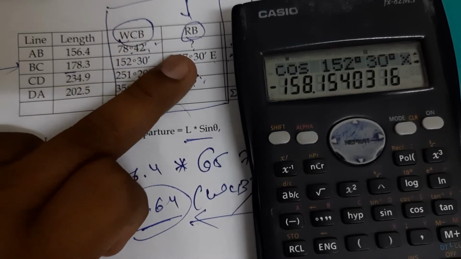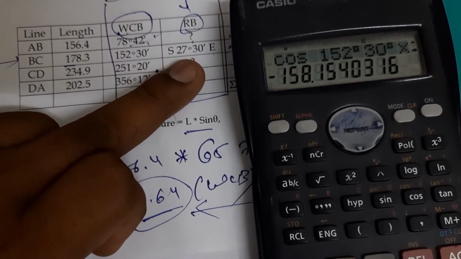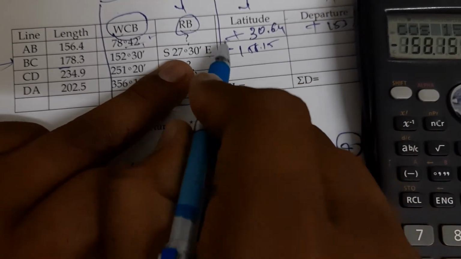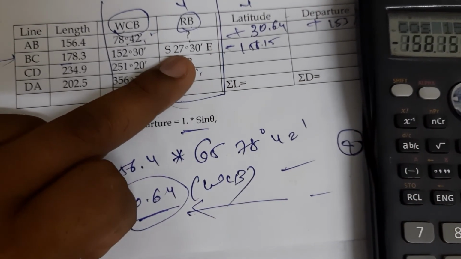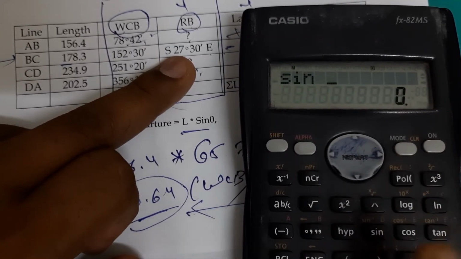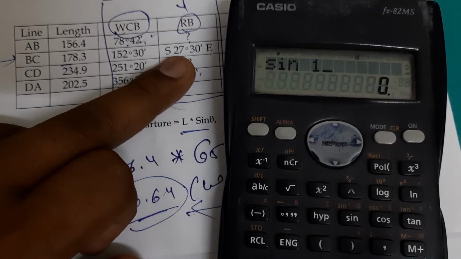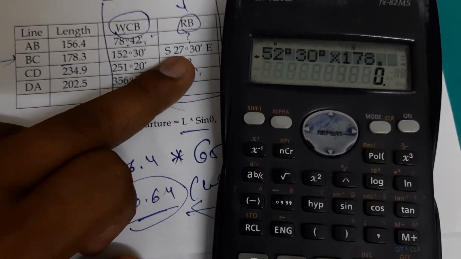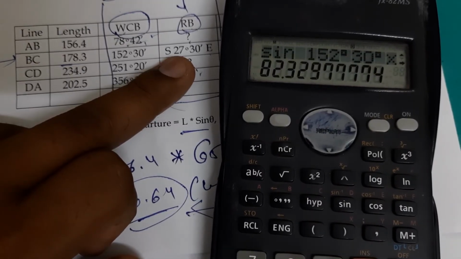But if the data is given in reduced bearing, you need to put a positive or negative sign. Same for the departure: sin 152 degrees 30 minutes multiplied by 178.3 gives a positive value.